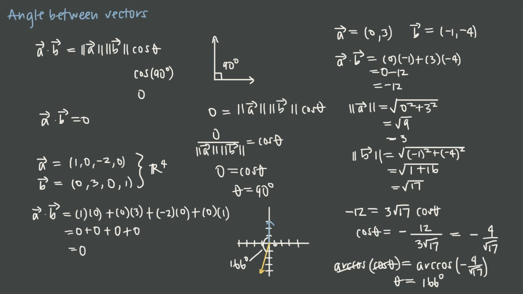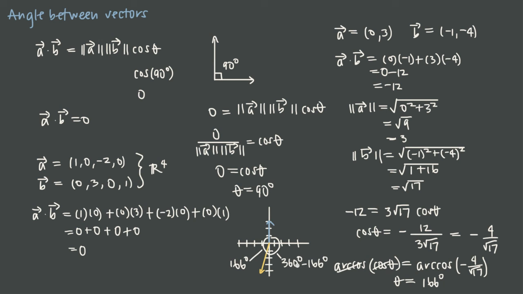And just to clarify, part of the reason that I wanted to sketch this graph is because, as you can see, we've got these two vectors, and you might be wondering, why are we finding the 166-degree angle instead of the angle that goes the other way, which would be this angle here? That would be the angle 360 degrees minus 166 degrees.